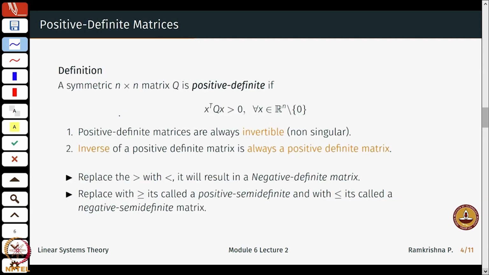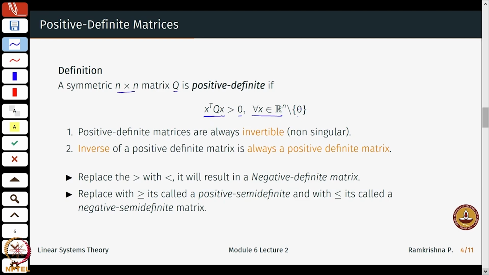Now, a little to do with definitions and some properties of positive definite matrices. Okay, what is the definition? Take an n cross n matrix Q. It is positive definite if x transpose Q x is greater than 0 for all x except the 0 vector. Okay. Now, how do I test if the matrix is positive definite or not?